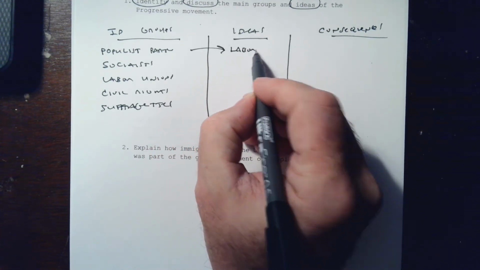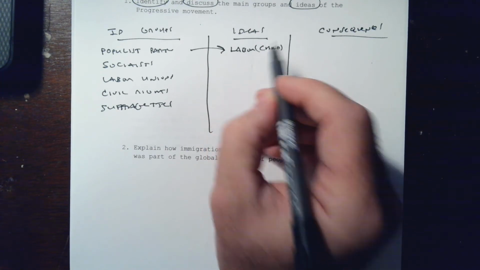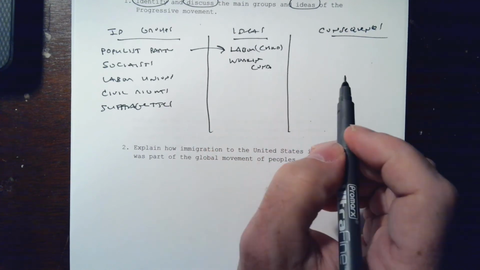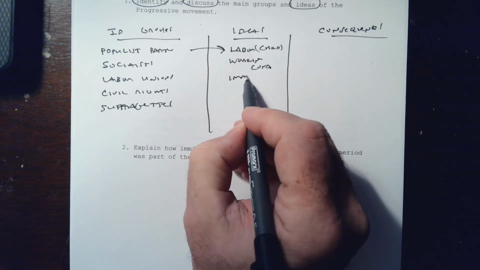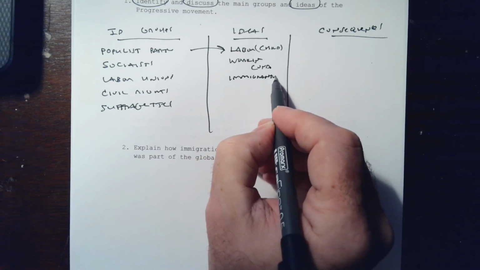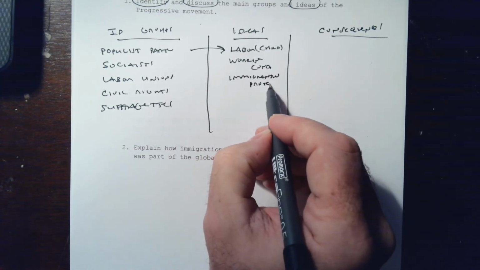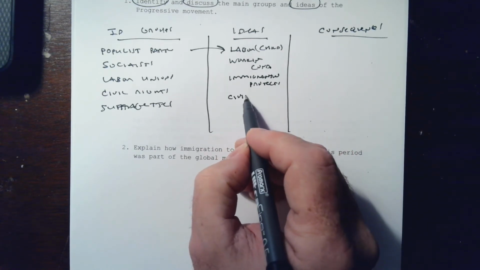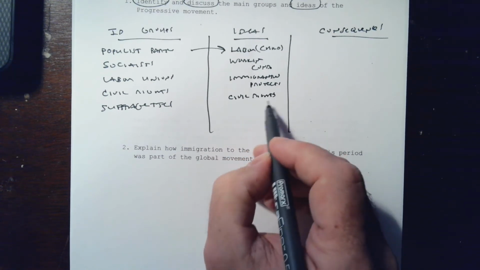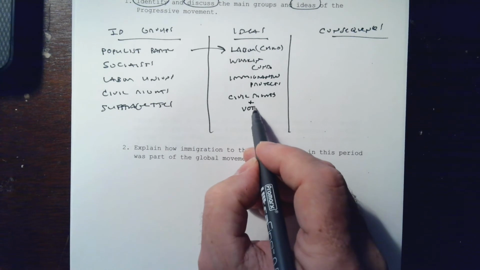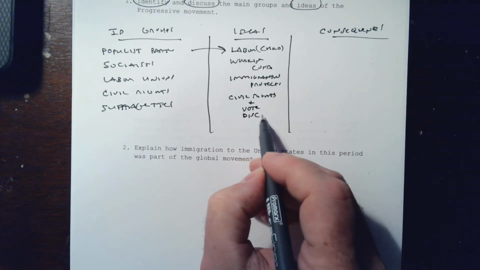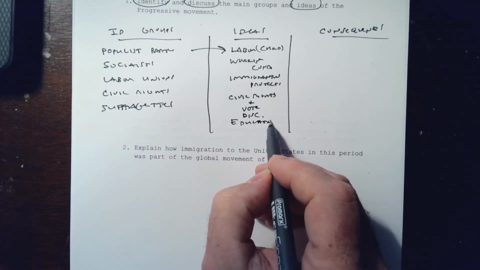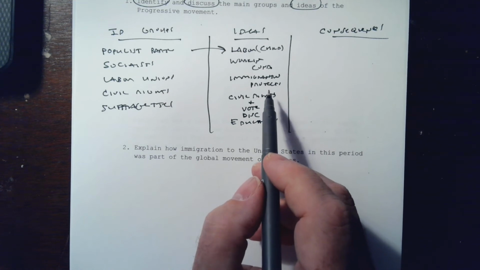Labor: child labor laws, working conditions, immigration protections, civil rights, and that would be tied to voting, job discrimination, education, all the things that we've been talking about with regards to things that needed to be protected.